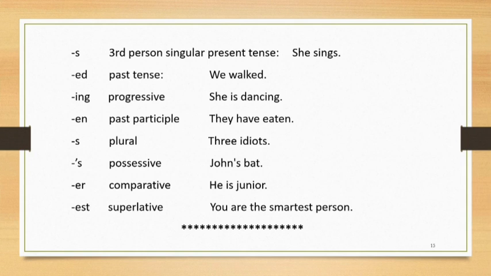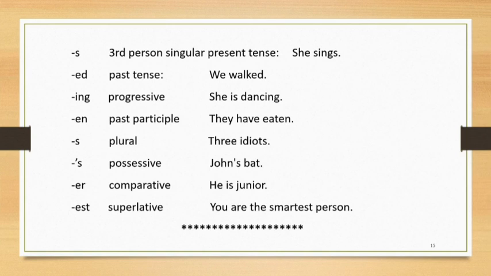Remember them. Possessive, like John's bed, Mary's bag, or Mary's doll. John, name of a person, apostrophe S, that means possessive, and it is not making any change to the name.